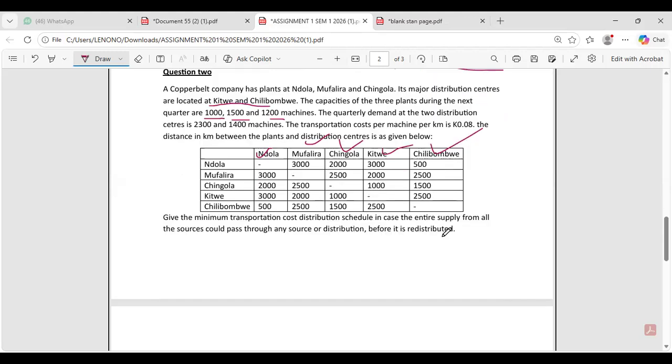Okay, so give the minimum transportation cost distribution schedule in the case of the entire supply from all the sources that could pass through any source or distribution before it is redistributed.